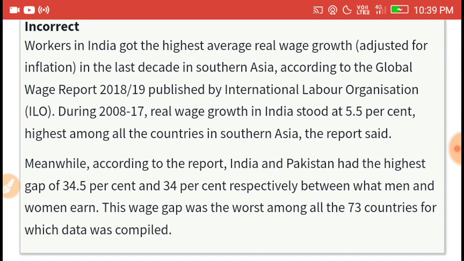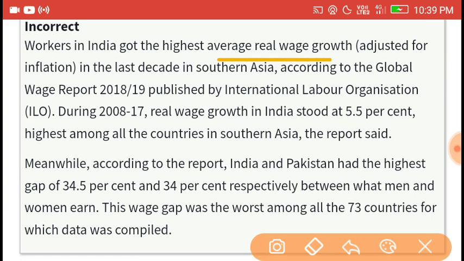Workers in India got the highest average real wage growth adjusted for inflation in the last decade in Asia, according to the Global Wage Report 2018-19 published by the International Labour Organization.